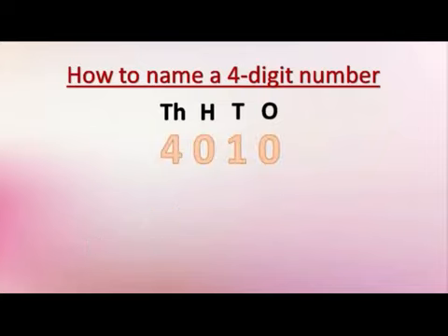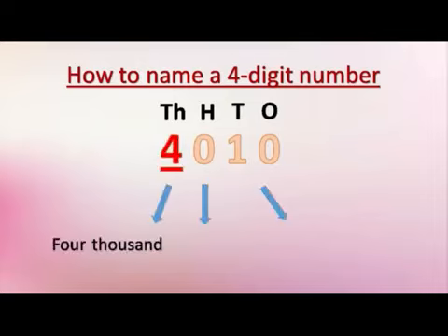Now what about this number? 4010. So there is a 4 in the thousands place. So I have 4000. And what about the hundreds place? 0 hundreds.